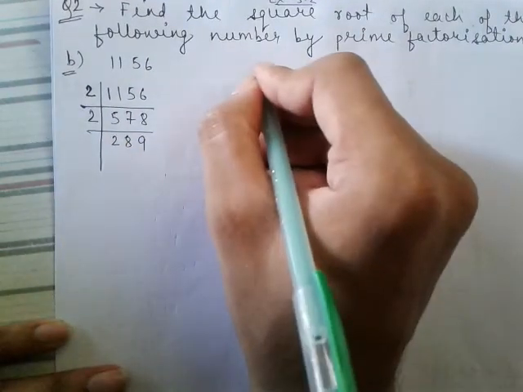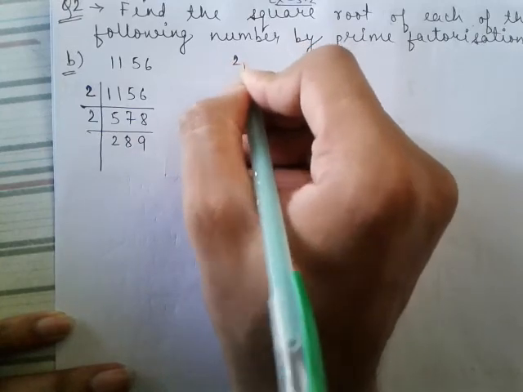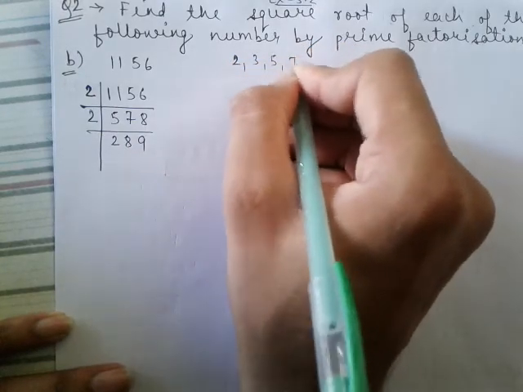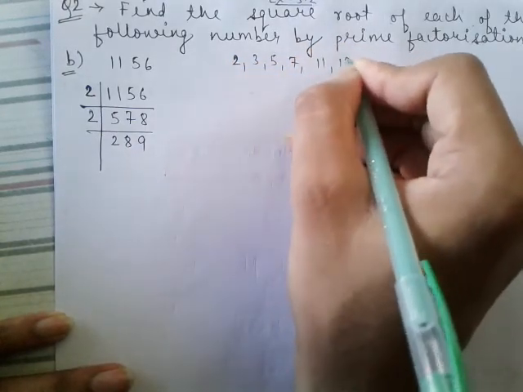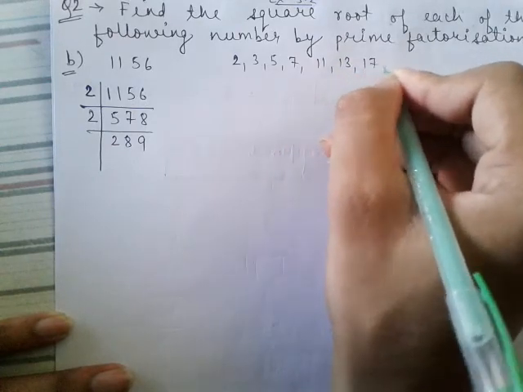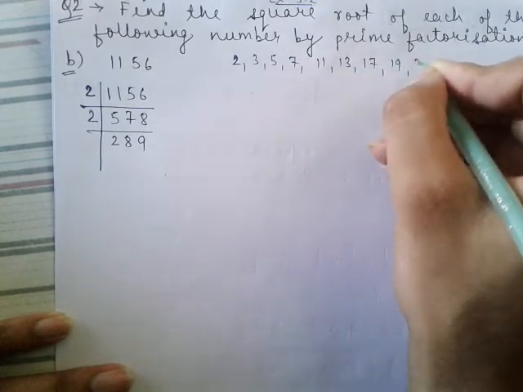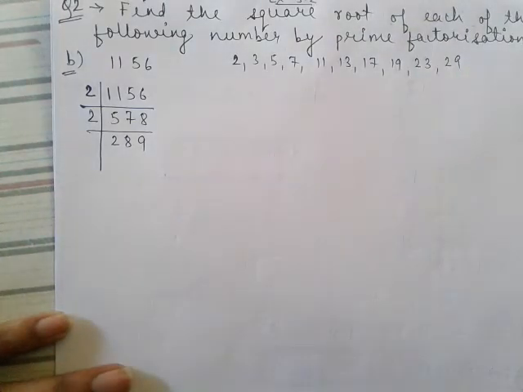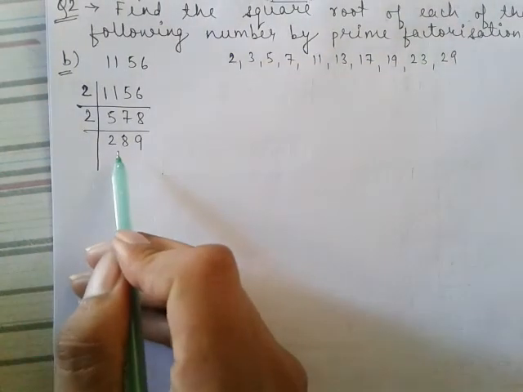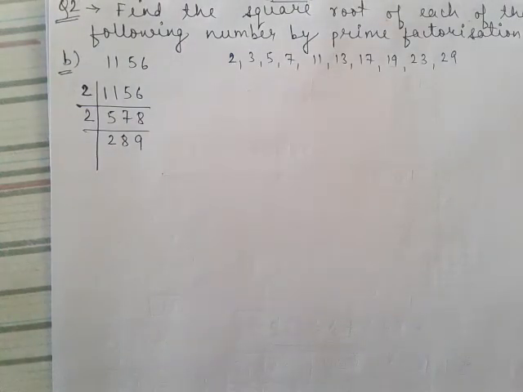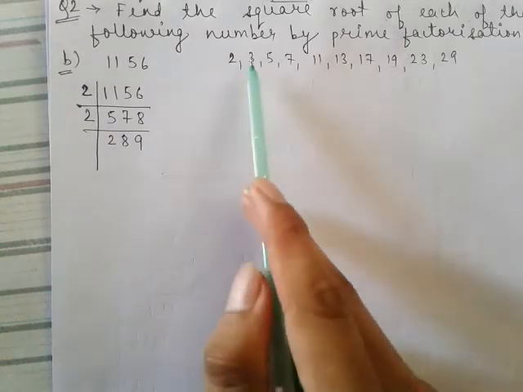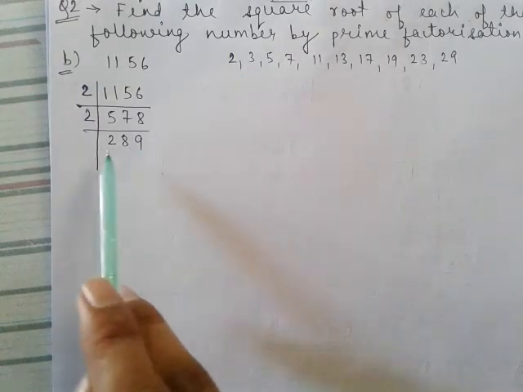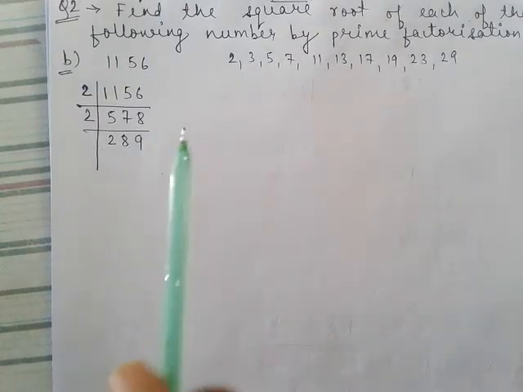Okay. Now you see here we have the prime numbers 2, 3, 5, 7, 11, 13, 17, 19, then 23, 29. Okay, these are the prime numbers. अब आपको 289 को डिवाइड करना है. Okay, so which number can divide 289? Is it 3? No, it cannot be 3 because the sum of these digits is not divisible by 3.